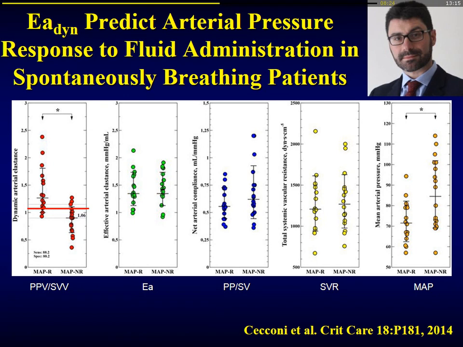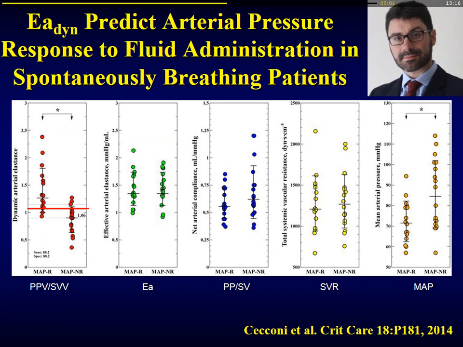We have just finished a study of about 60 patients in Pisa, Italy, with Fabio Garastino, and we have found that in those septic shock patients who were hypotensive, the best predictor of an increase in blood pressure in response to fluid resuscitation was their baseline dynamic arterial elastance before getting the fluids.